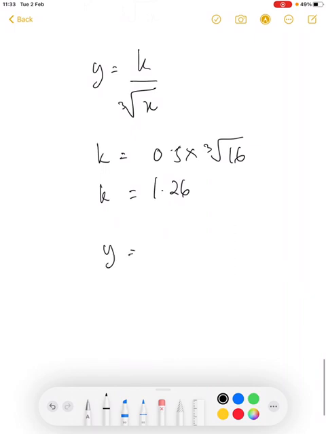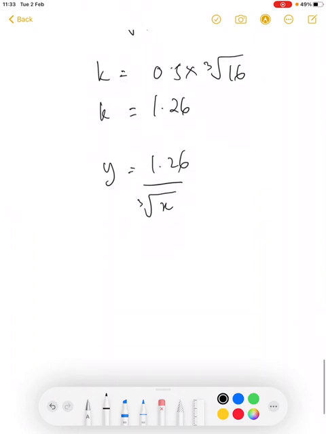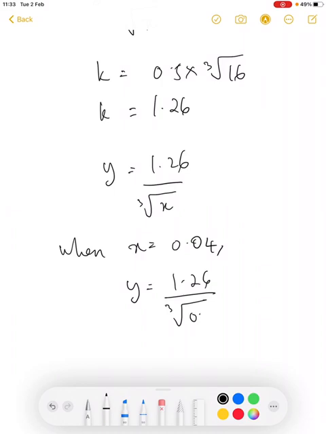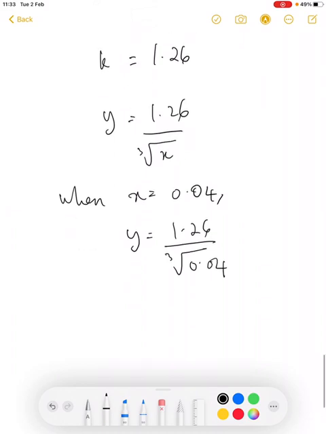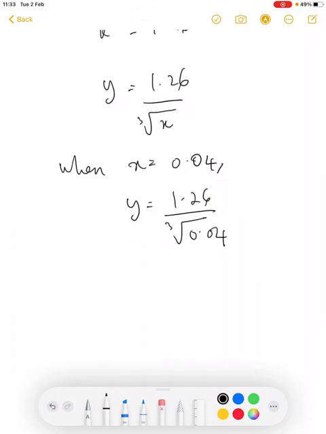So y equals 1.26 over the cube root of x. So when x equals 0.04, y equals 1.26 over the cube root of 0.04. So y equals 3.684.